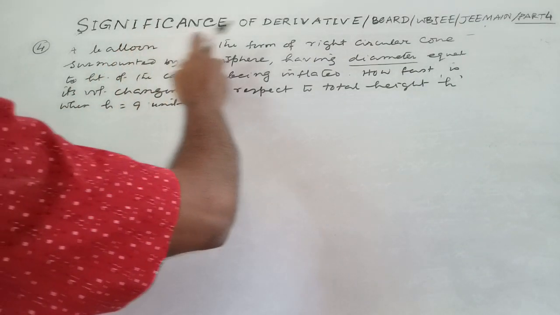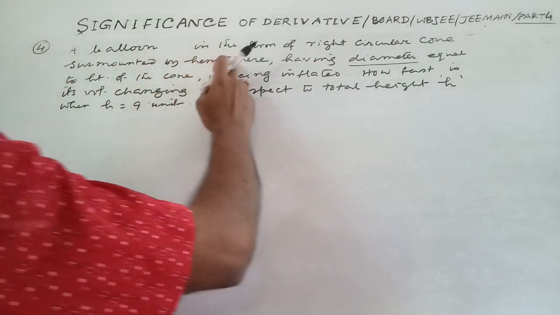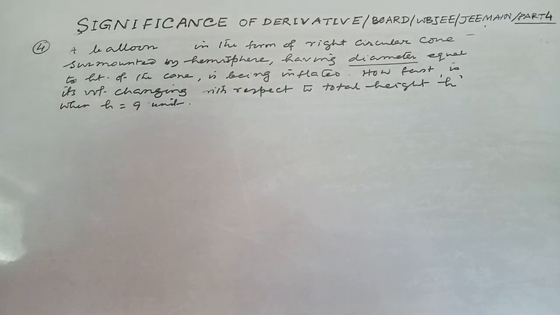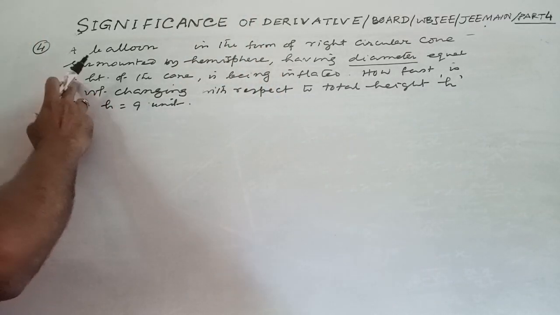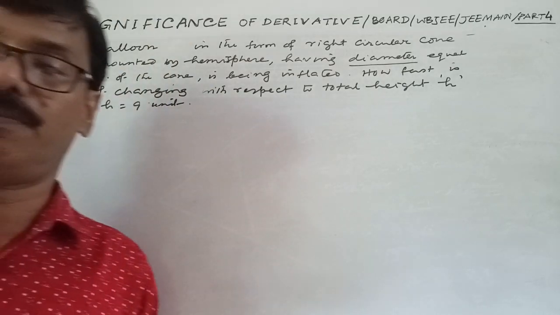A balloon in the form of a right circular cone surmounted by a hemisphere, having diameter equal to the height of the cone, is being inflated.